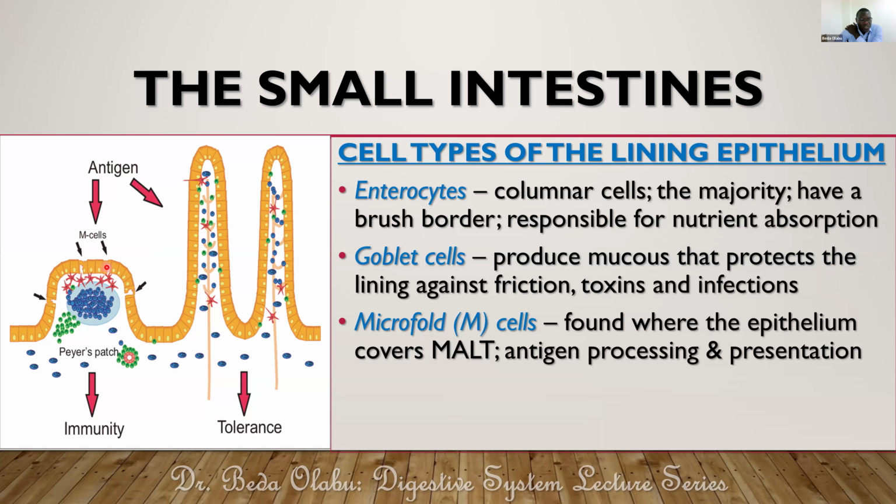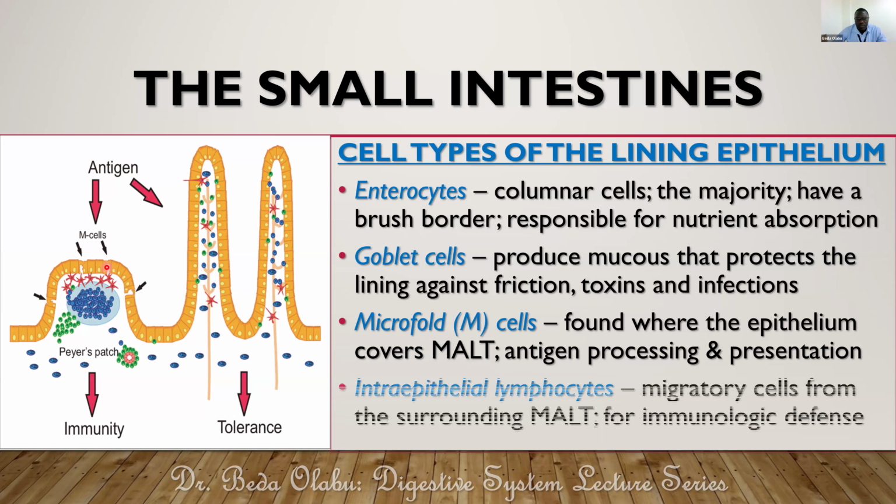So the microfold cells are basically the macrophages of the small intestines. Then we can have the intraepithelial lymphocytes, which are basically migratory lymphocytes from the surrounding mucosa-associated lymphatic tissue that is responsible for fighting infections.